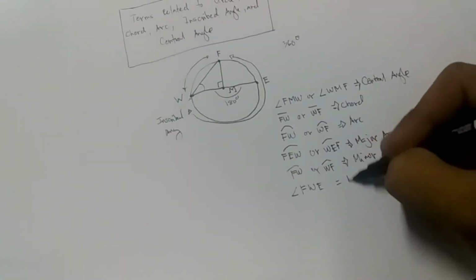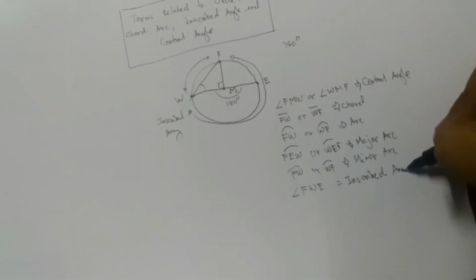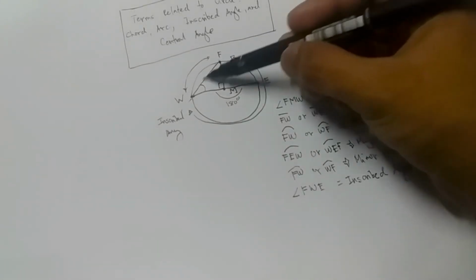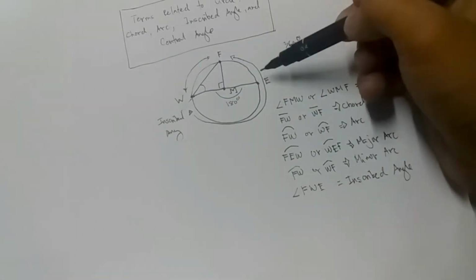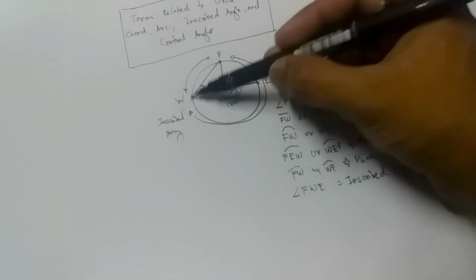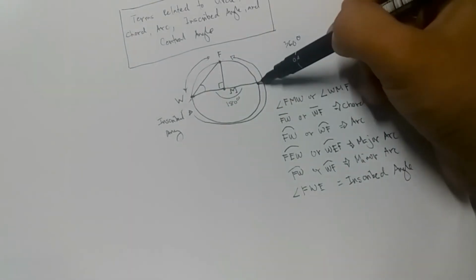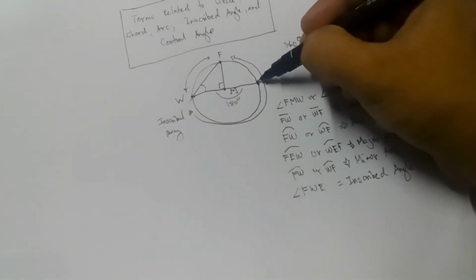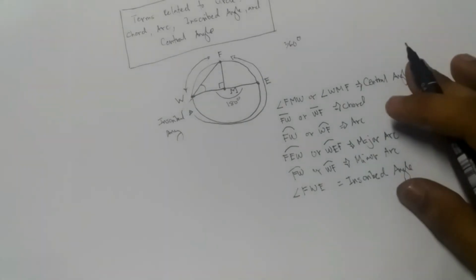Also, the legs of this angle contain chords of the circle, which are chord FW or WF, and chord WE. Take note that the diameter of the circle is the longest chord of the circle, right?